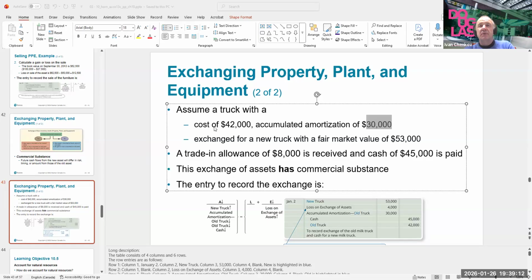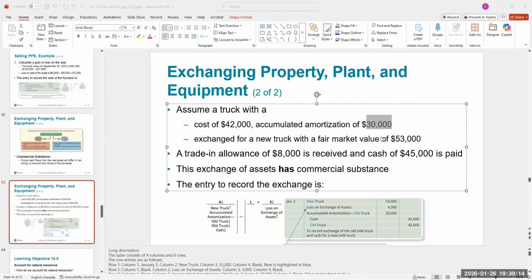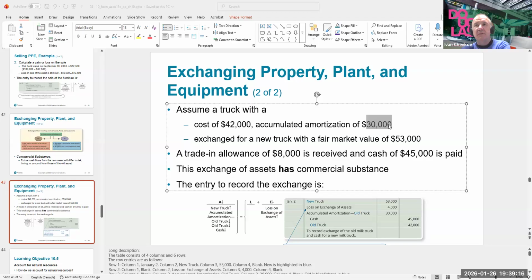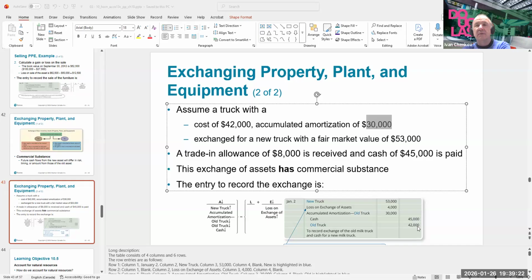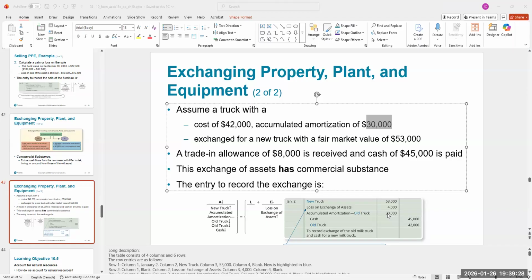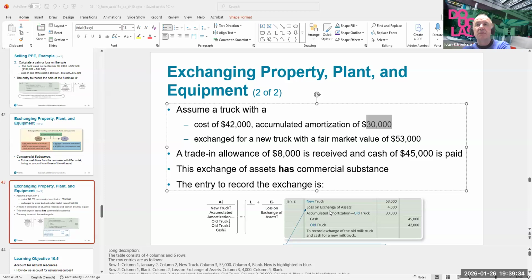So what we're doing is debit accumulated amortization 30,000, credit old truck $42,000. How much is the difference? $12,000 on the debit side, correct? Debit side is loss. So on the old truck, we're losing $12,000 clearly.